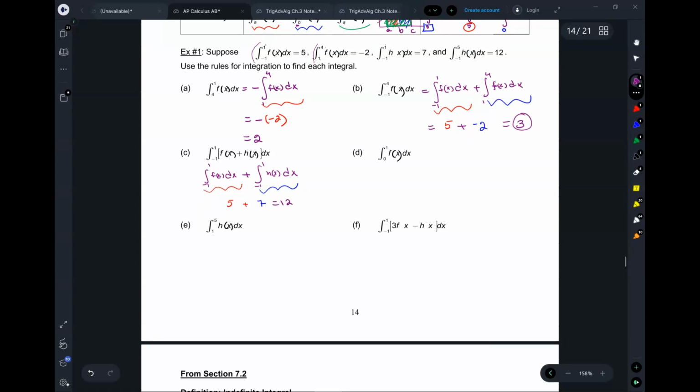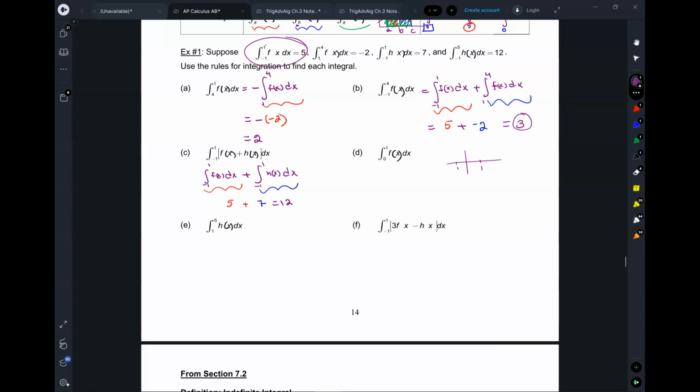Okay, next, I want to find the integral from 0 to 1 of f of x dx. Do I have any information? The only thing I have here is the integral from -1 to 1 of f of x dx. So I just know that whatever the function is, the area from -1 to 1 is 5.